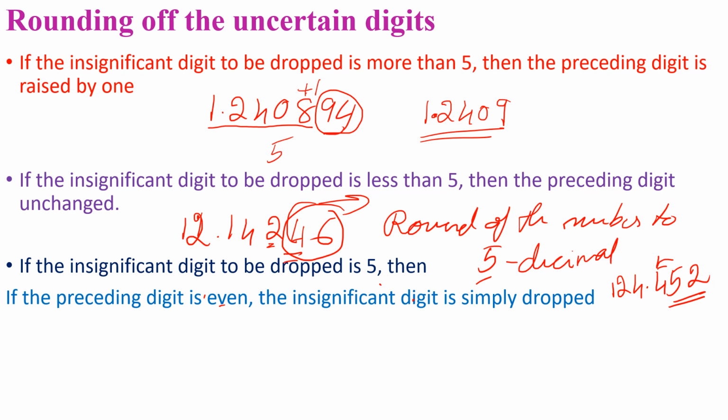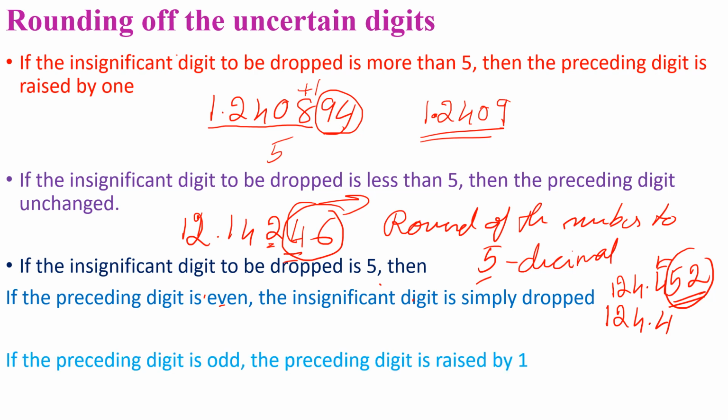It is even. If the preceding digit is even, then the insignificant digit is simply dropped. So there is no change in the previous digit. You have to simply drop it and write it as 124.4. That's it.